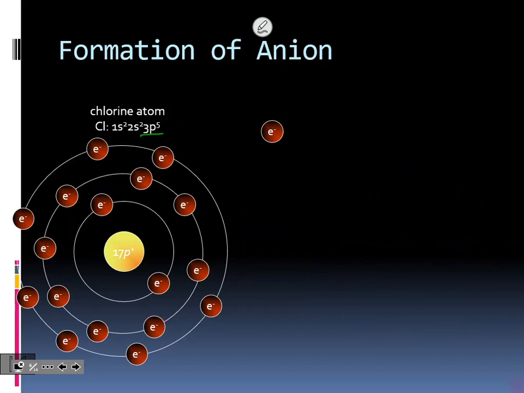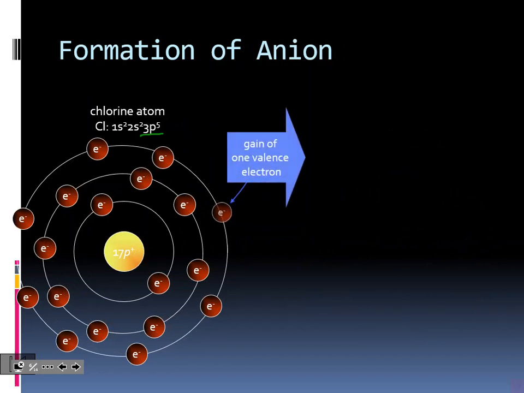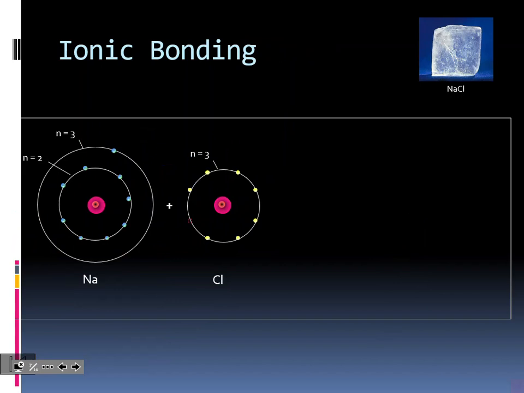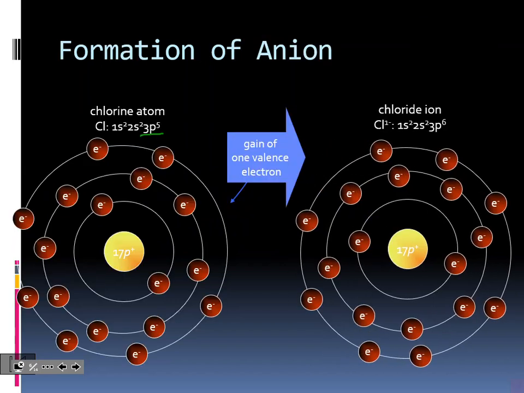The 3p5, of course, now once it gains the 1 electron, we'll complete that and make it 3p6. And the 3p6 now, the outer energy level, the 3s2 and the p6, have now completed it, and chloride looks like argon. But it has a -1 charge, and by having that charge, now it can attract to positive things.